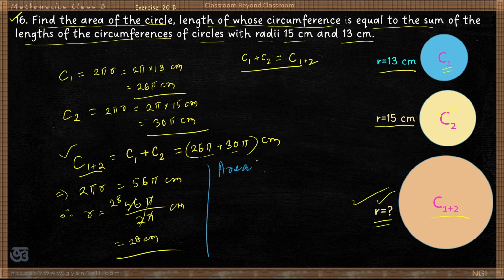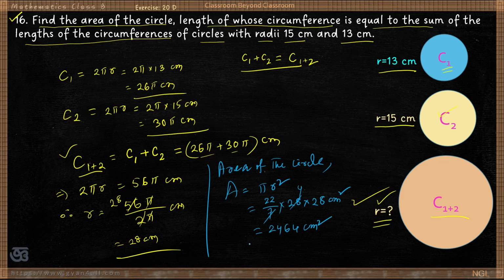So area of the biggest circle, A, is equal to πr², 22 divided by 7 multiplied by 28² centimeter square. So if you multiply, you should get 2464 centimeter square.